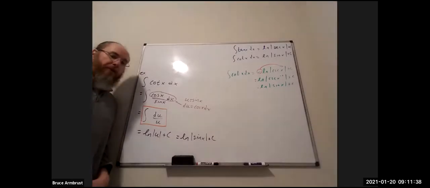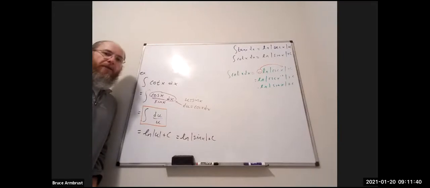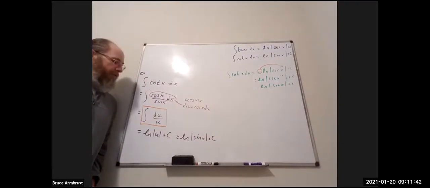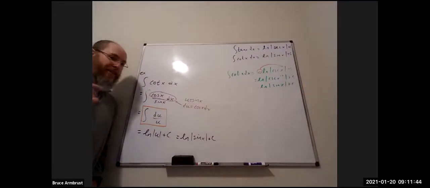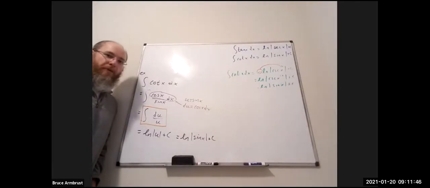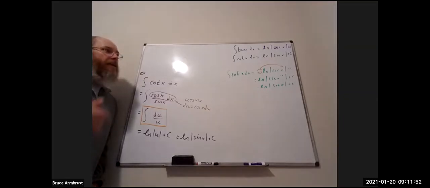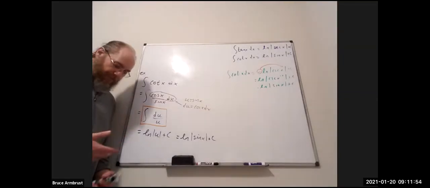If you go back and look at your notes, or watch the video from the other day, you'll see that when we did tangent, the same thing showed up. We got another du over u. And when we integrated that, that gave us natural log.